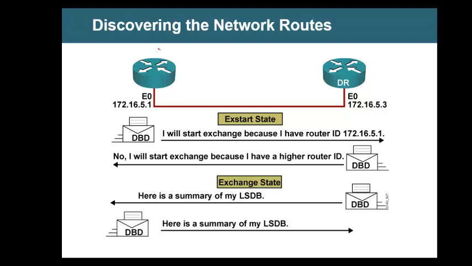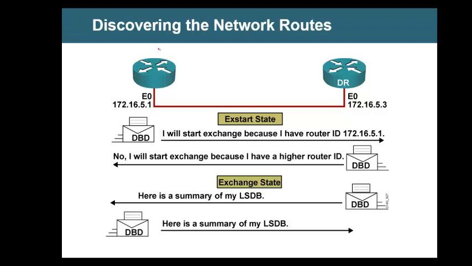Not exchanging, exchange start. To start the exchange, they both need to first come to a conclusion on who will start the exchange first. Both should not send at the same time. One should send, the other should receive, then the other should send, and the first should receive. That is the procedure.